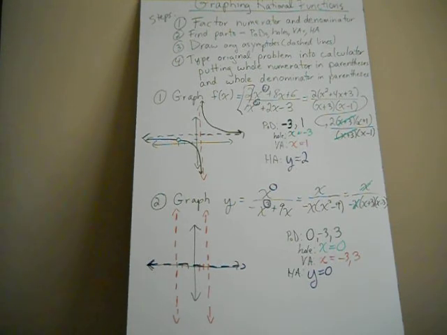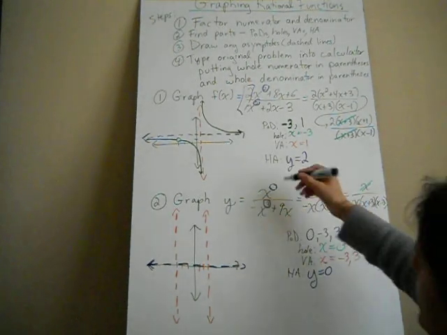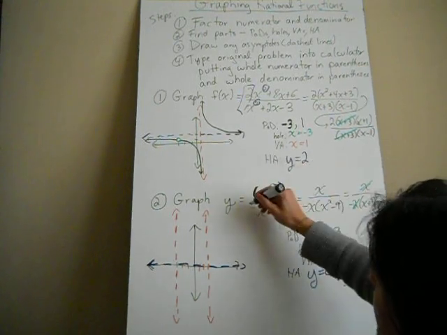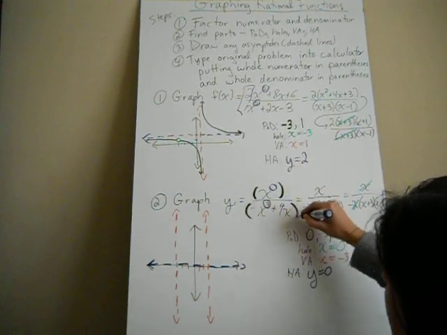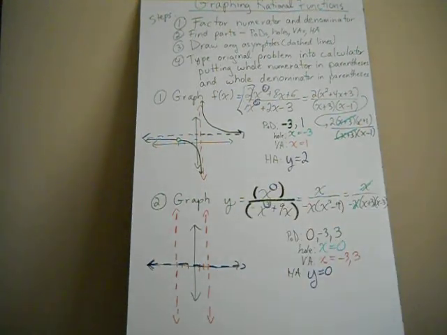Okay, almost done. Now that we have our asymptotes sketched, we can throw on the shape of the graph, the curve. So you're going to put the original function in your calculator, putting your whole numerator in parentheses and your whole denominator in parentheses. And don't forget the division bar. Some of you forget to do that after I say all the parentheses stuff.